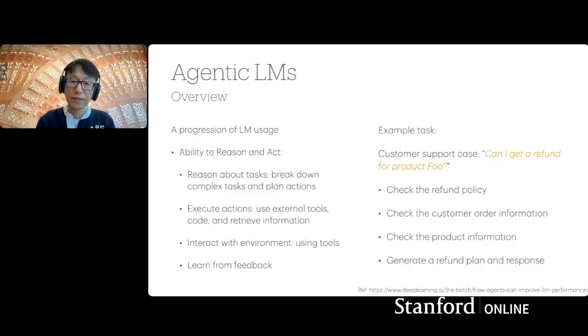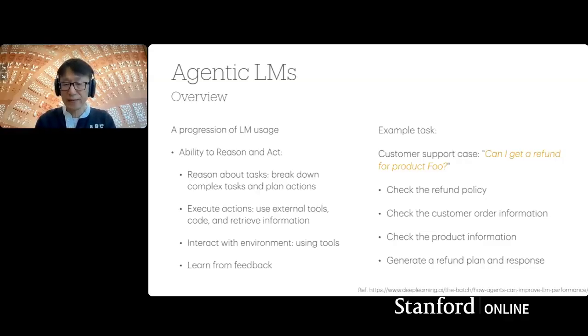So let's look at a concrete example. If you have a customer support AI agent, how might it work? A customer asks, can I get a refund for product foo? Then the agentic system will break this request down into the following four types of actions: check the refund policy, check the customer information, check the product, and then finally collect and decide what to do.